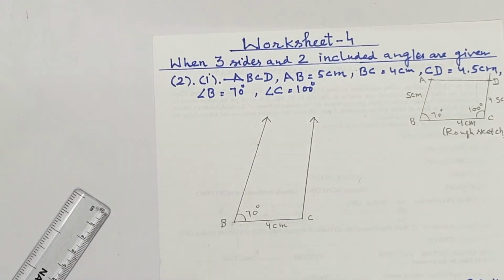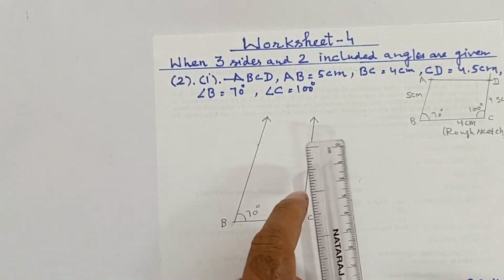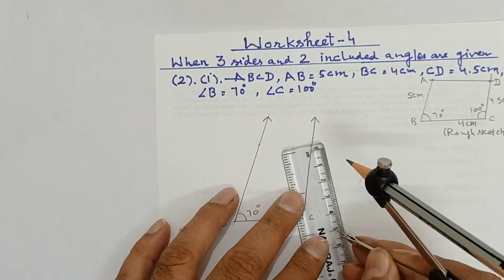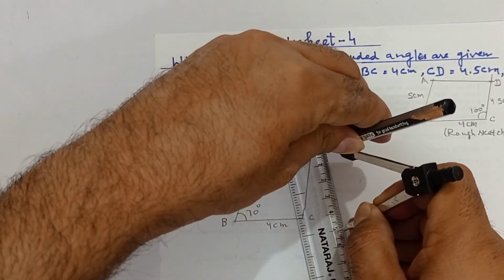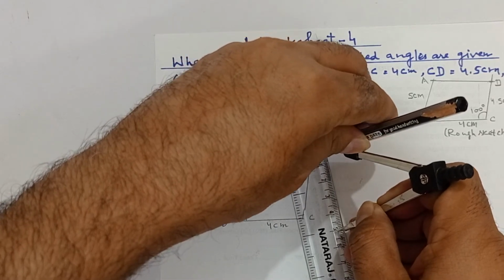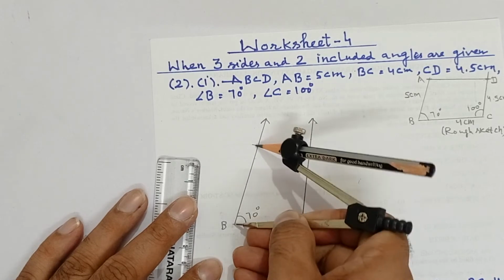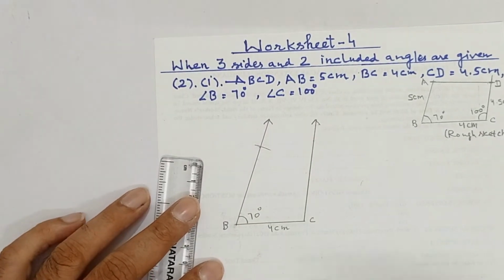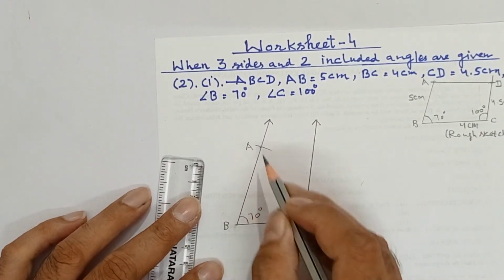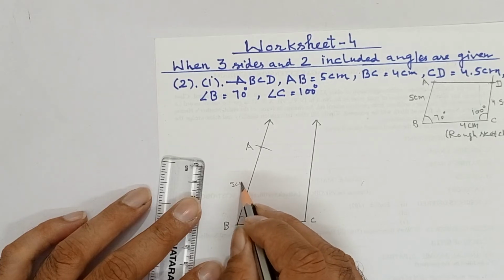So AB 5 centimeter, you are to open the compass equal to 5 centimeter and cut an arc. So see, this I have kept here and open the compass tip till here. This is 5 centimeter. This is point A, and AB is 5 centimeter.